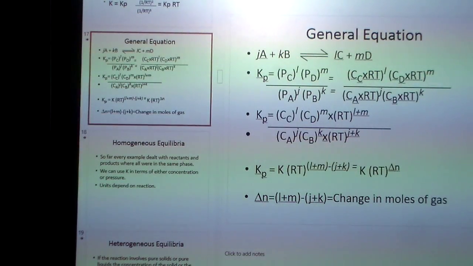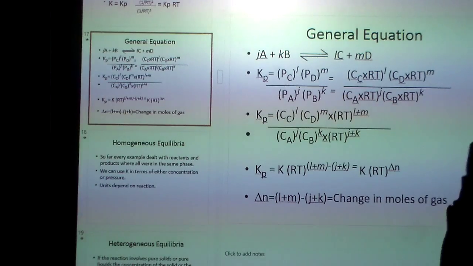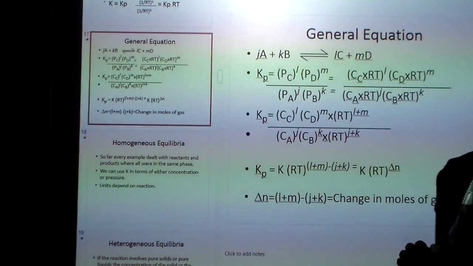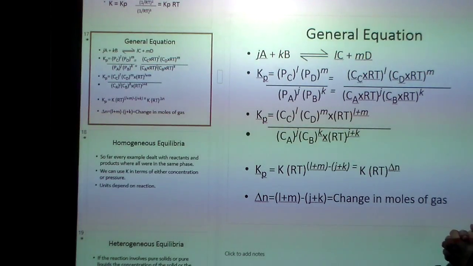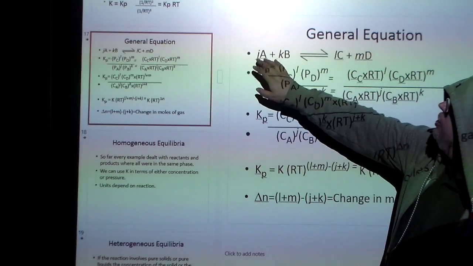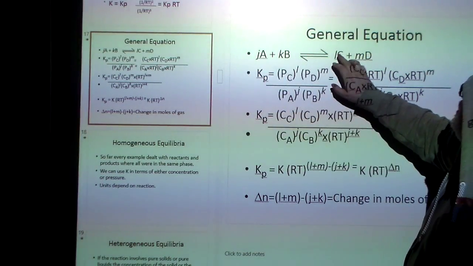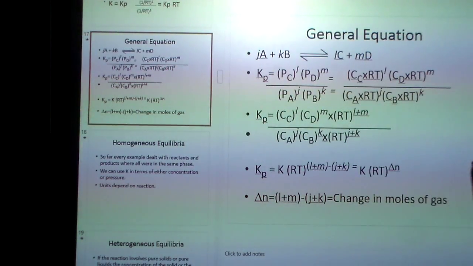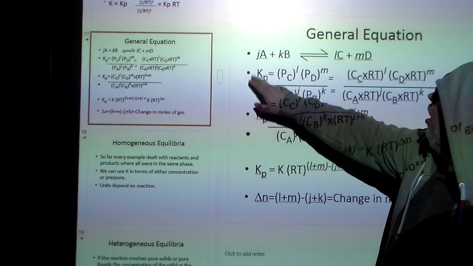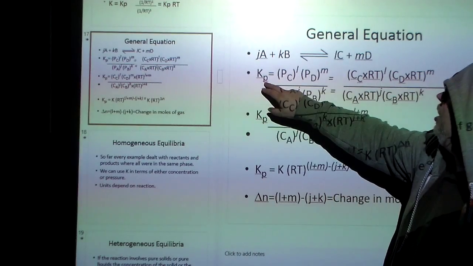General equation. This one's a little bit messy. What you've got here is your original equation, jA plus kB gives lC plus mD. And we have here our pressure constant.